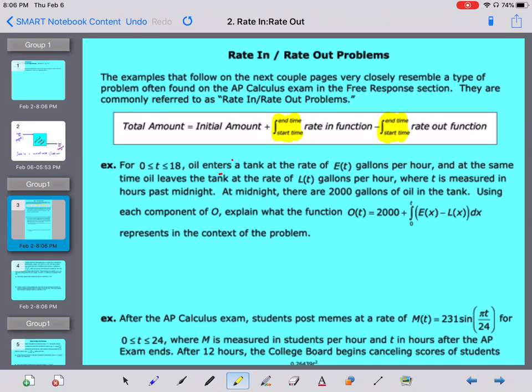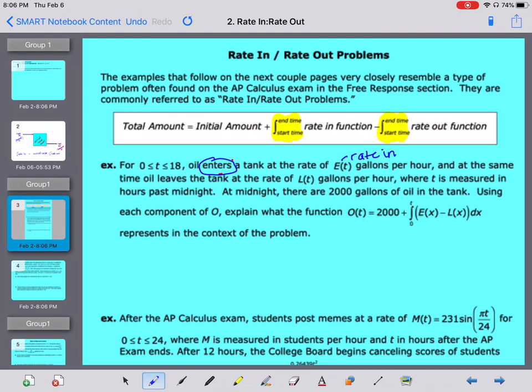It says for t between 0 and 18, oil enters a tank at a rate of E of t gallons per hour. Gallons per hour implies that E of t is a rate of change, and because it's entering the tank, we call this the rate in.